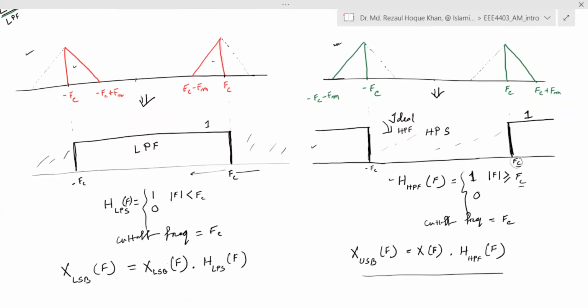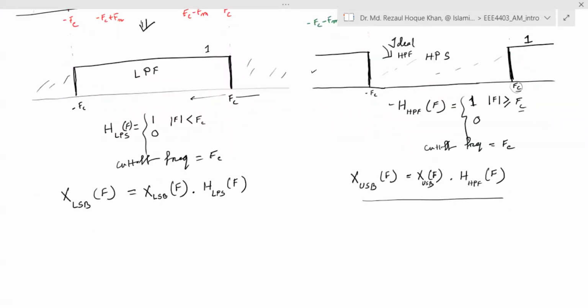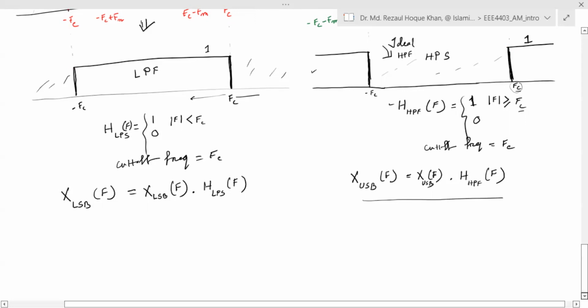Here we could have written upper sideband to make it clear. Yes, good. So for both cases, whether it is a low pass filter or a high pass filter, they are actually ideal.